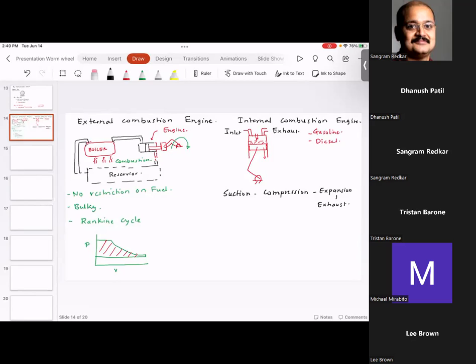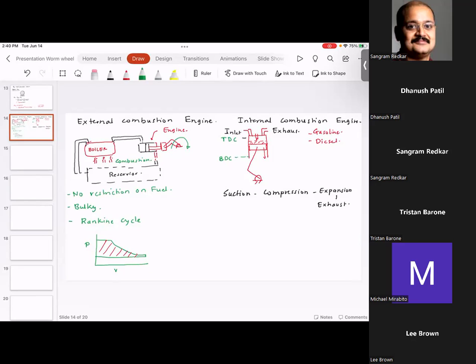So these are the 4 stages of the internal combustion engine. In suction, the piston goes from something called the top dead center, TDC, to BDC, and the fresh charge is sucked into the cylinder cavity.